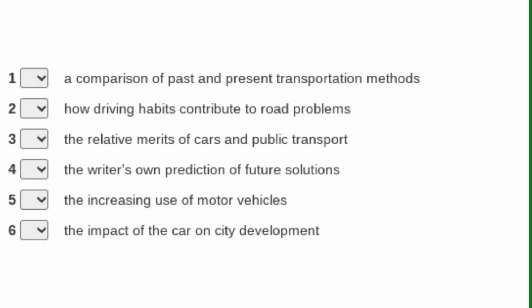Each question has a drop-down box, and you will be able to select one of the paragraphs, A, B, C, D, E, etc., that you think matches the heading for that question.